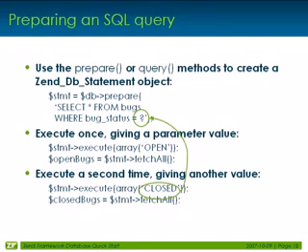I can also execute the same statement object a second time or third time or multiple times using different values, and they get substituted in for the parameter placeholder. Note that when using parameter placeholders, we're really not substituting the value into the string form of the SQL statement.